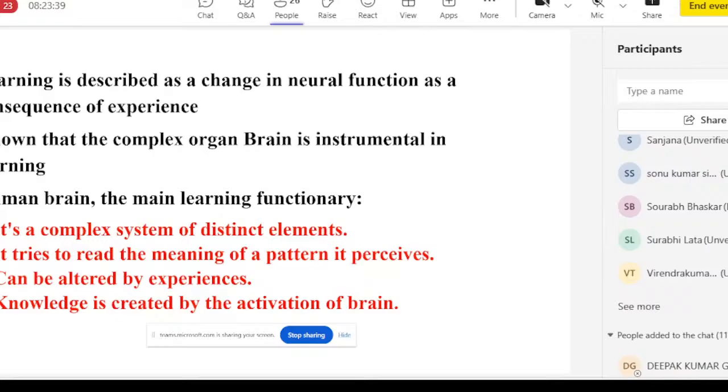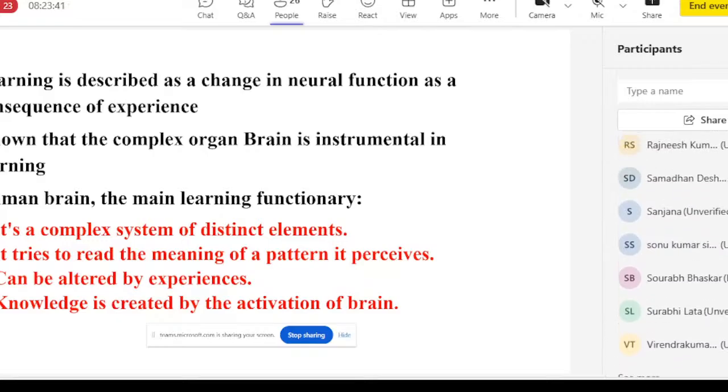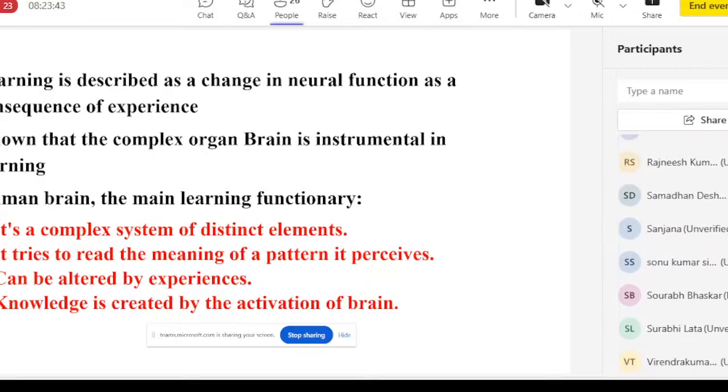Once you hear it, then you know. That's how we learn. Whenever you activate your brain, you will gather more and more knowledge.